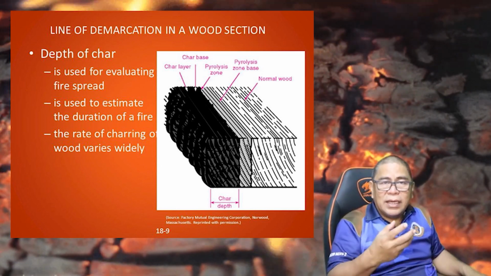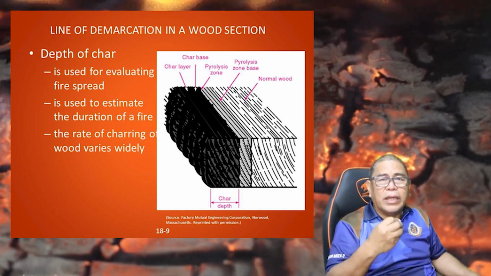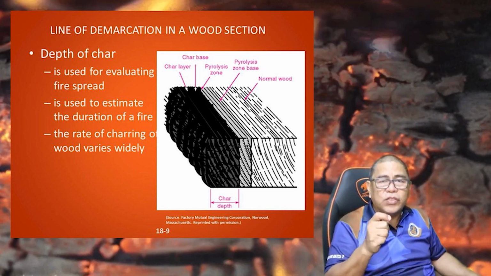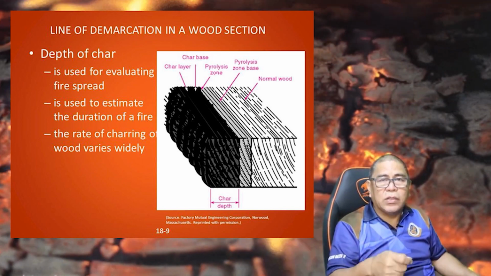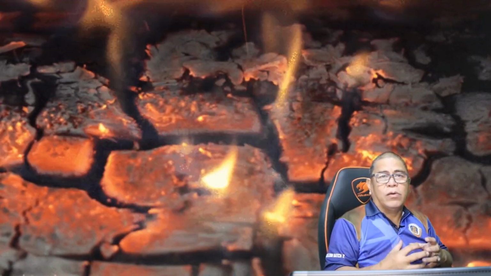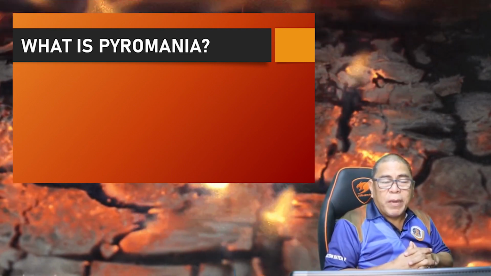So today, at least may idea ka na kung anong ibig sabihin ng alligatoring or checkering sa usaping sunog. Ang ating usapin ngayong araw na ito is ito ay isang sakit ng tao na pinag-usapan doon sa usaping fire. Ito ay tawag na pyromania.